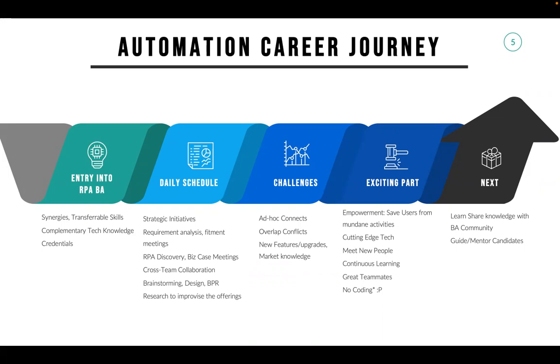These are the transferable skills. When you're in an interview room, try to convince the interviewer why you are a perfect candidate for the RPA BA, because you know RPA BAs solve problems around mundane and repetitive activities. Sometimes you have to do the root cause analysis.